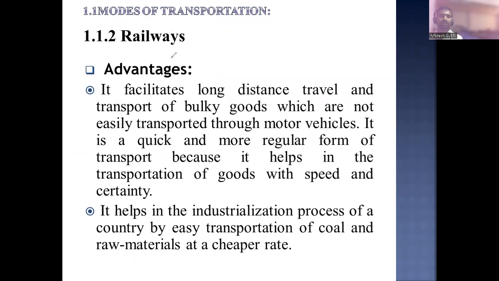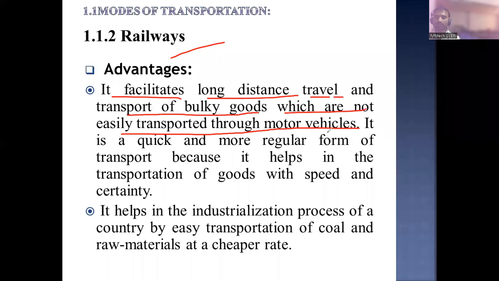So what are the advantages of railways? It facilitates long distances. It is easy and comfortable for passengers for long distance travel and for transport of bulky goods. If there is a heavy vehicle load, then you have to prefer the railways, for bulky goods which are not easily transported through motor vehicles.